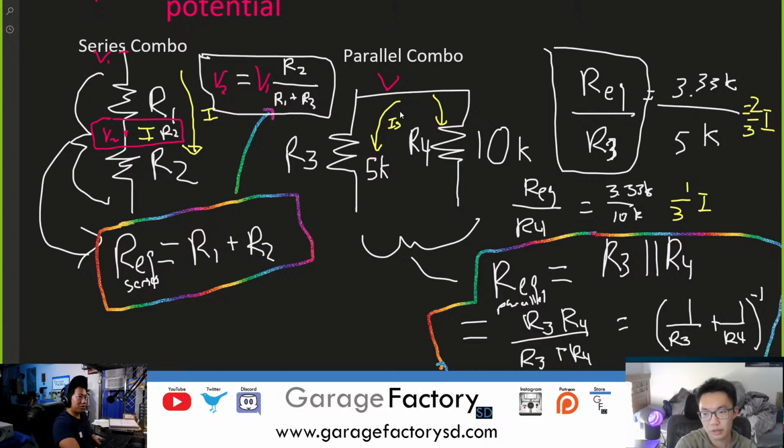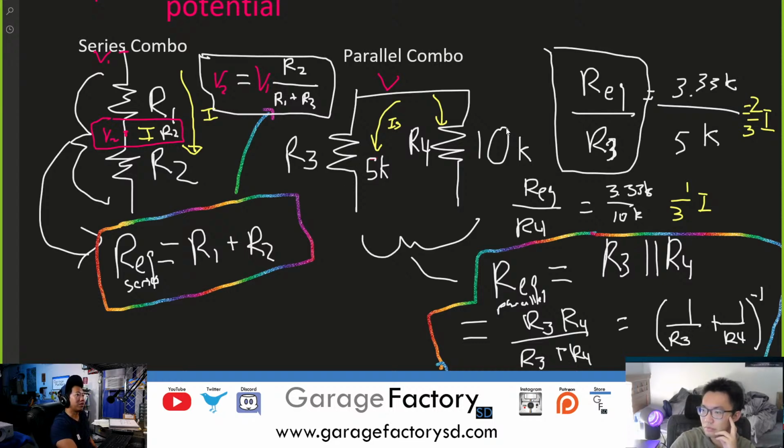So conceptually, current wants to flow more along the path of least resistance. 5K is less than 10K, and 5K is 2 times less than 10K.